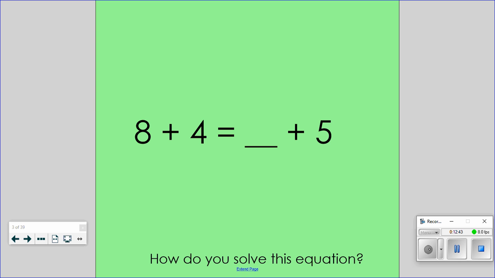Typically, in your math life, you have not seen operation symbols on both sides. We have a plus sign on this side and a plus sign on that side. That's a little different. Welcome to 3rd grade. Craziness.